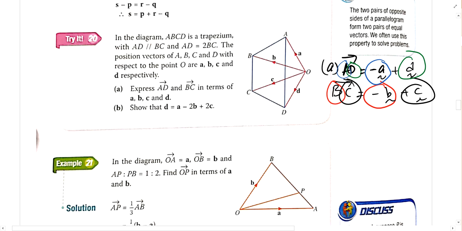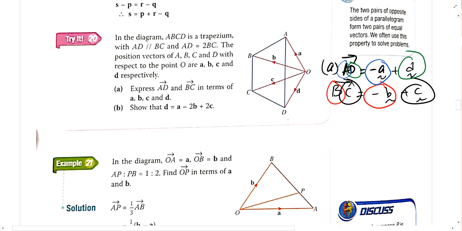After you've done quite a few, you should realize this pattern. But it only works if they label it as such. OB is vector B, OA is vector A, OD is vector D, and OC is vector C. Most of the time it's going to be like that.